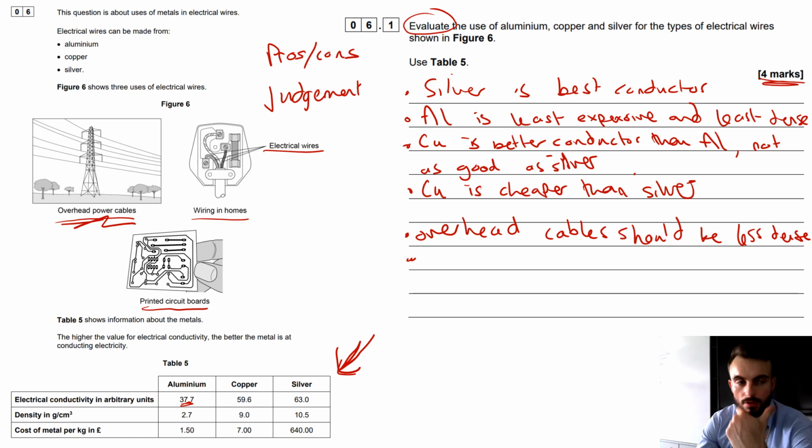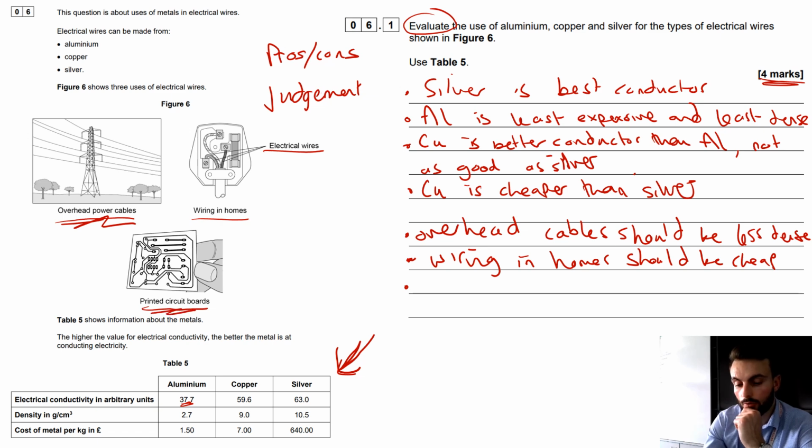Everybody has wiring in homes, so that should be affordable, or cheap. Wiring in homes should be cheap. And then if we look at the circuit board, because circuit boards are tiny, they only need a small amount of metal.